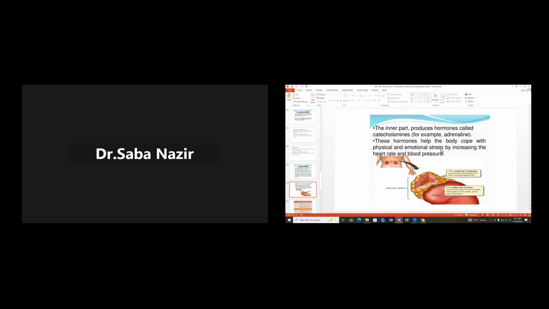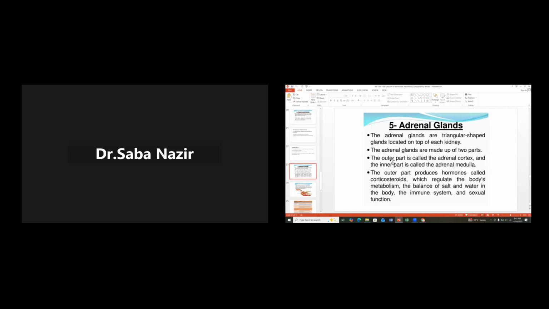The front side of our body is called the dorsal side, and the place where our vertebral column is present is called the ventral side. On either side of the kidney, we have a pair of adrenal glands present at the top of the kidney.